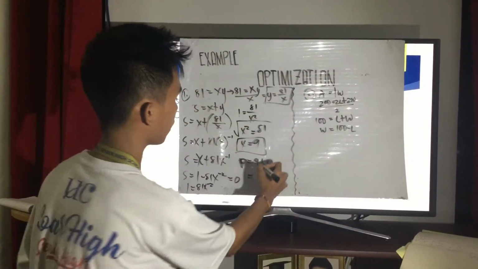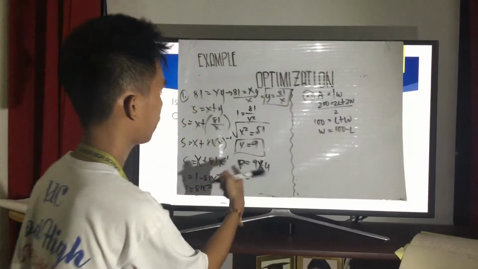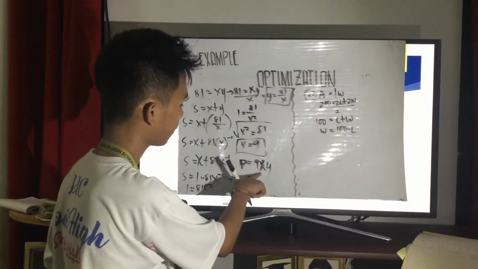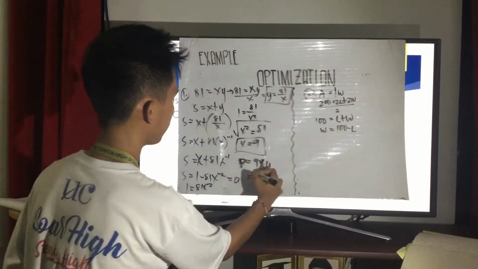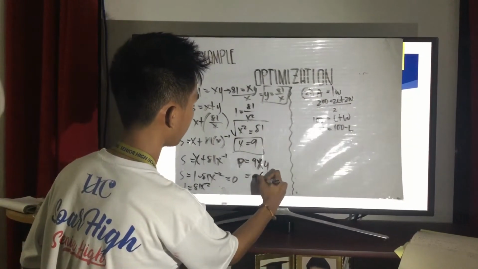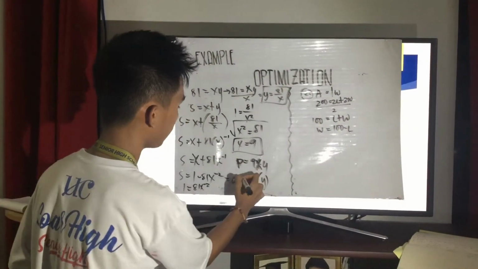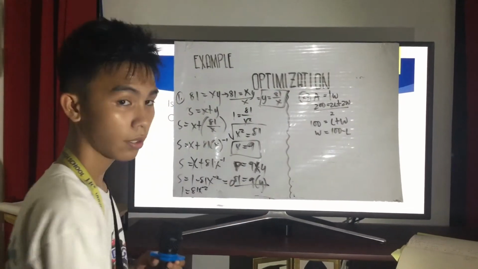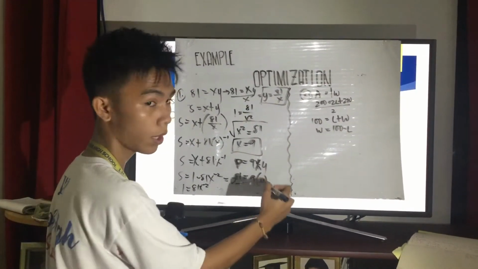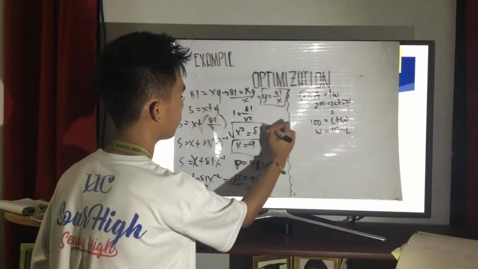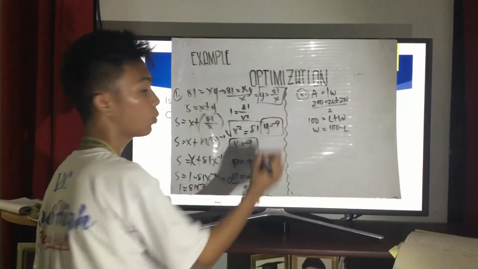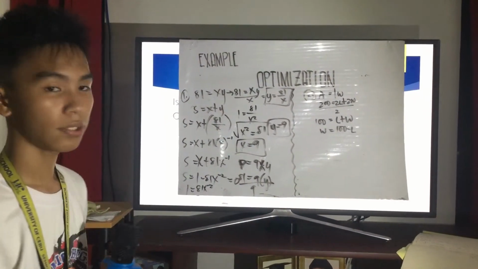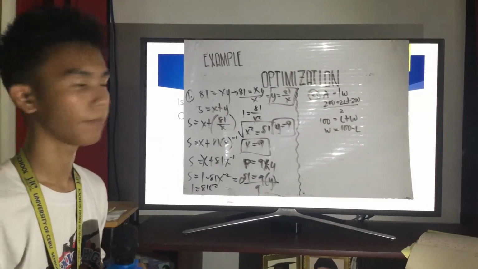We will get the product of x and y. So 9 times y is equal to 81. We can get y by dividing 9y by 9. So y is equal to 9. Our two unknown numbers are x equals 9 and y equals 9.